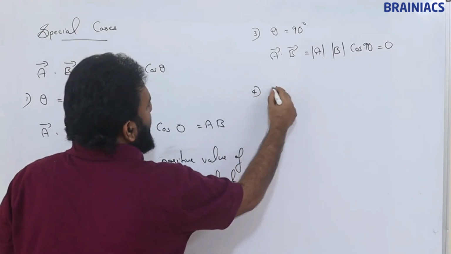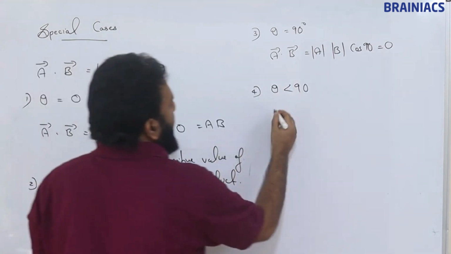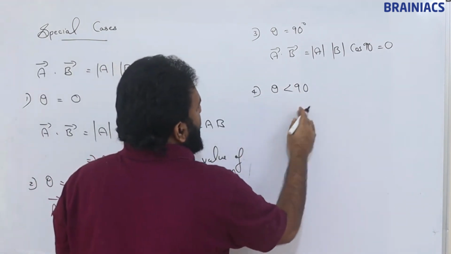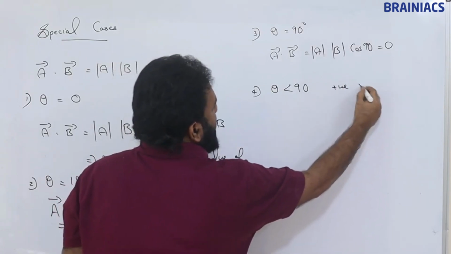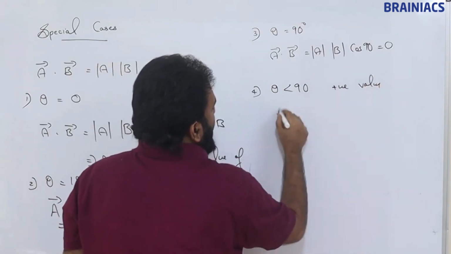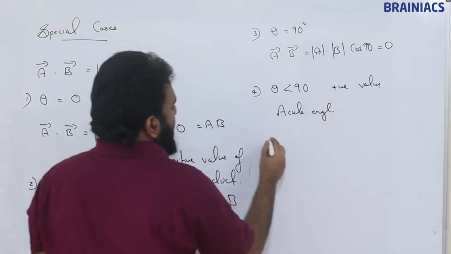Suppose theta is less than 90 degrees, so we will get a positive value as the output, an acute angle. The result will be a positive value.